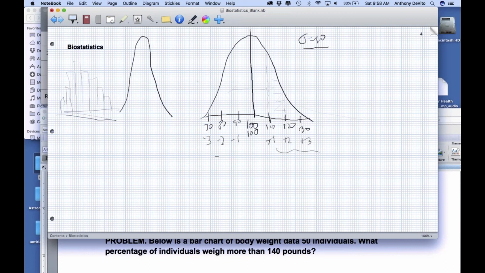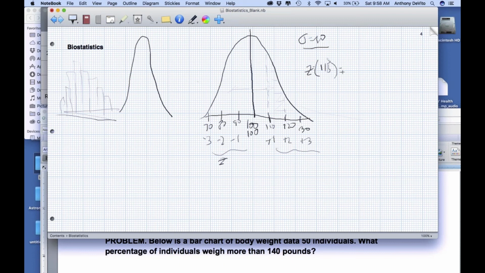These numbers are generally called Z-scores. And you can calculate them if they're not obvious. For instance, 110 is 1 standard deviation above the mean. But say you want to know what Z-score represents a blood pressure of 115. That might be obvious to some of you, but it's not an even number.